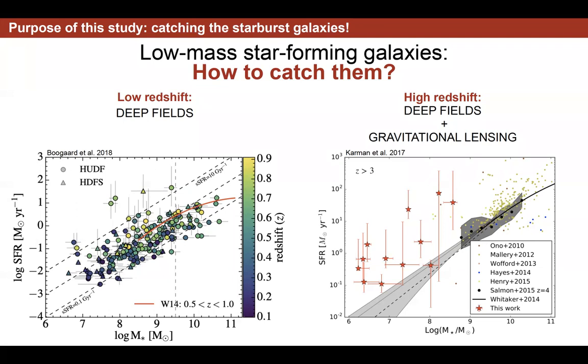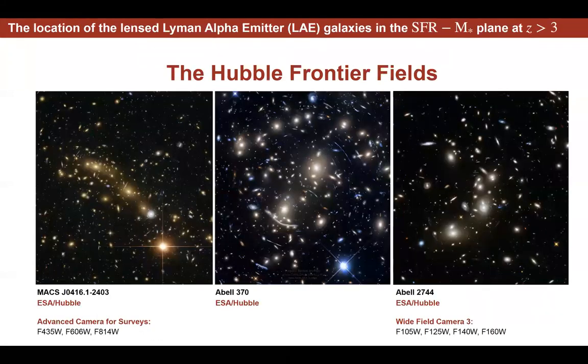So here we are. We decided to study the star formation rate stellar mass plane, in particular to catch the very high redshift starburst galaxies. To do that, we needed to combine very deep observations, as done by the Hubble Frontier Fields program, and the gravitational lensing effect.